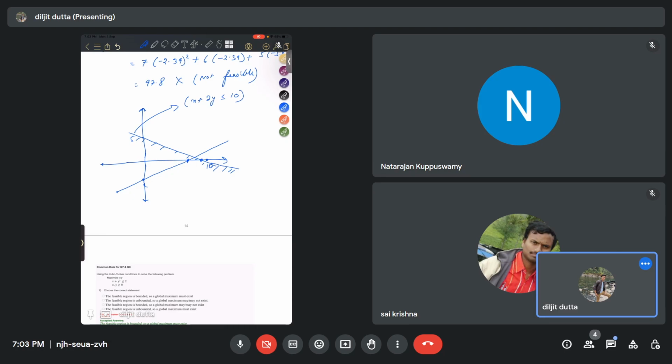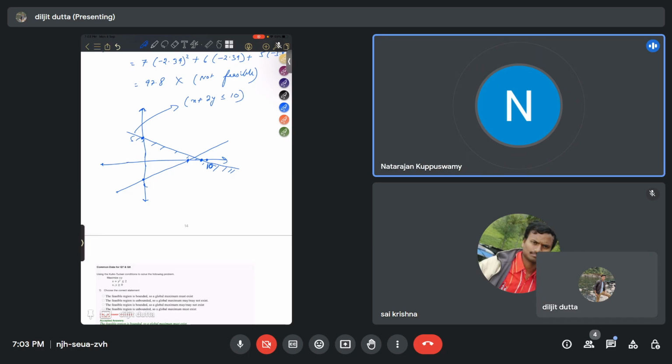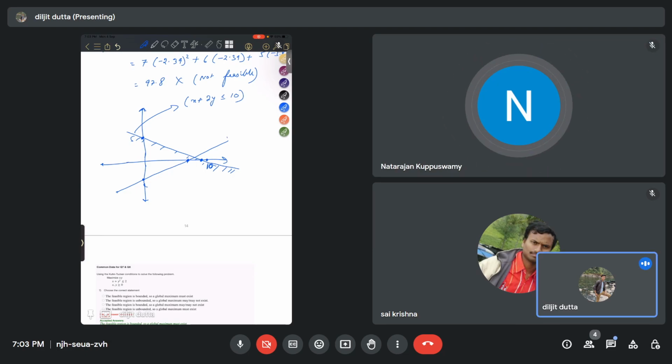So the x intercept is 10 and the y intercept is 5. Simply putting x equal to 0 in this equation, you get y equal to 5. The second line is x minus 3y less than or equal to 9. Here, if I put y equal to 0, we get x equal to 9.